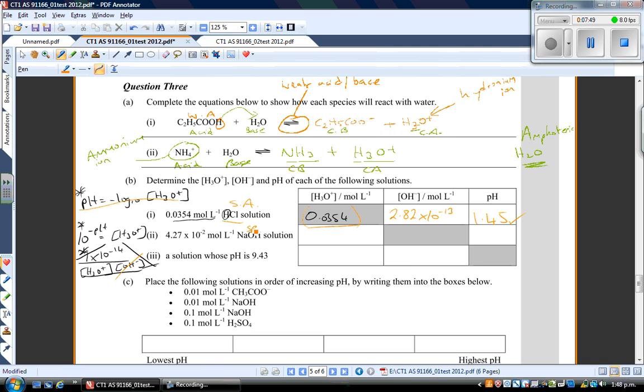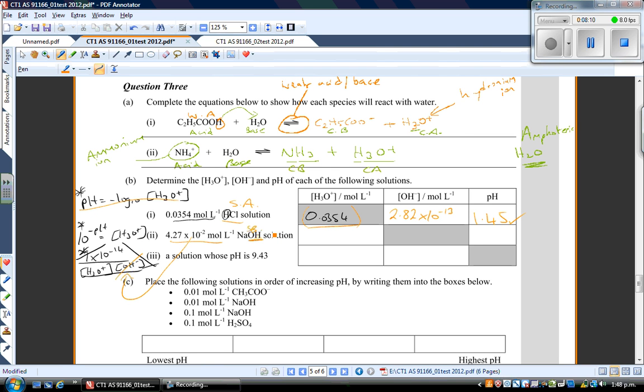We have a strong base, so we're expecting a very high pH value for this answer. The first thing here now is they want the concentration of H3O plus. So in this instance, we have a concentration of OH minus. This is the concentration of OH minus that we would get if this species reacted with water, or dissociated in water.